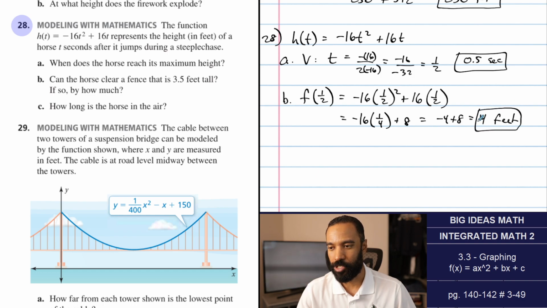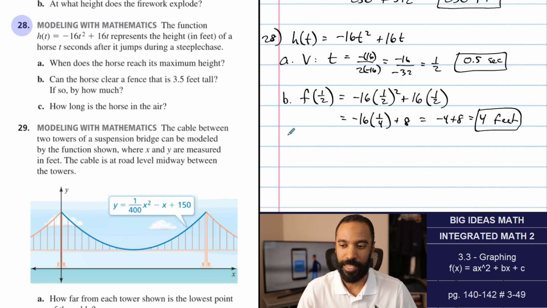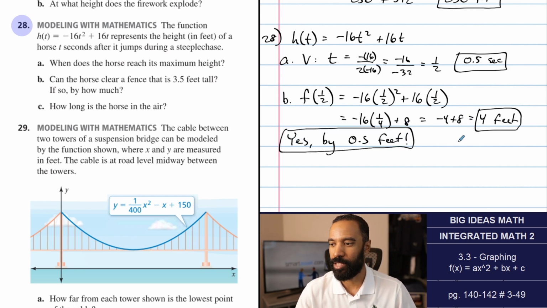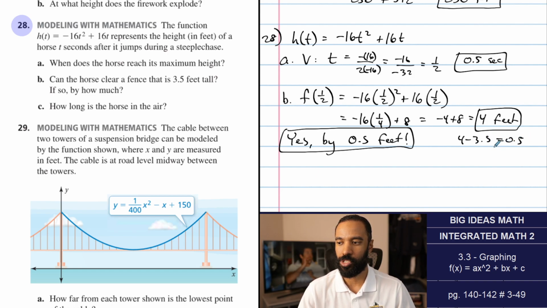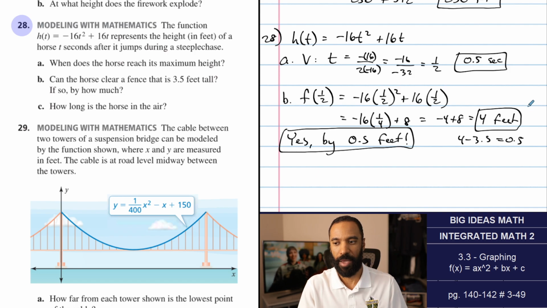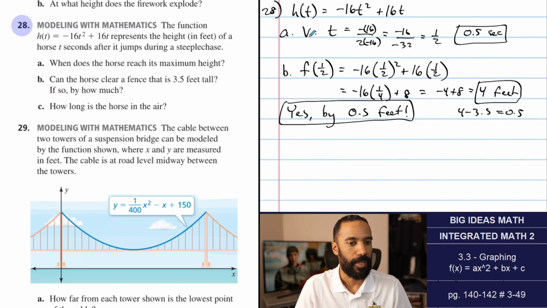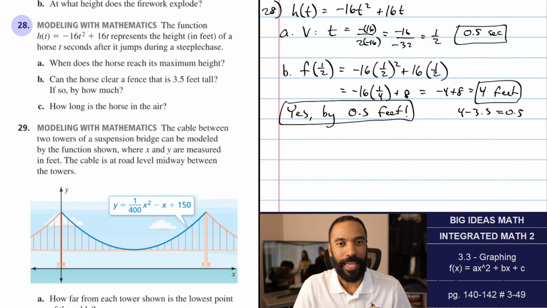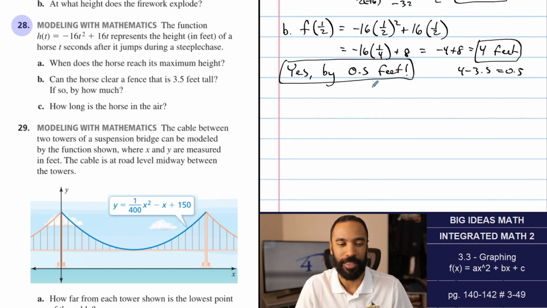Can it clear a fence that's 3.5 feet tall? Yes, by 0.5 feet. How do I know? Because I did 4 minus 3.5, the distance between those. By half a foot. Now, it can clear it if it hits the fence at its maximum height, not too prematurely.